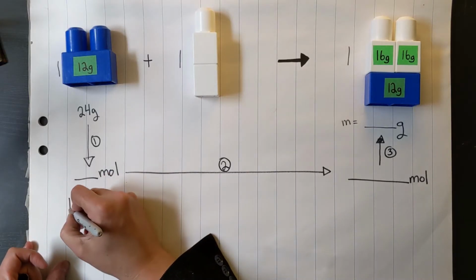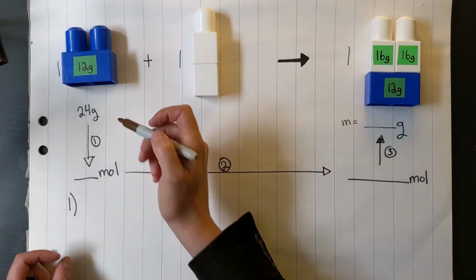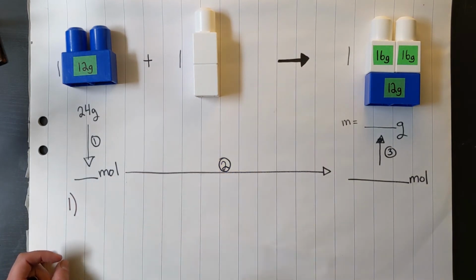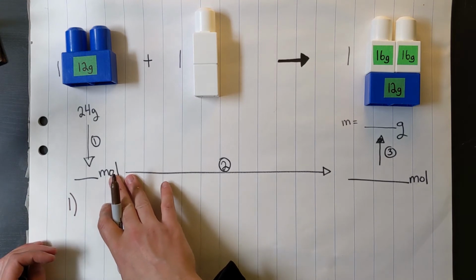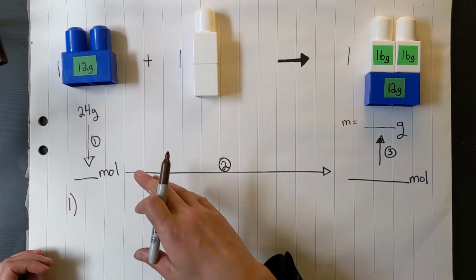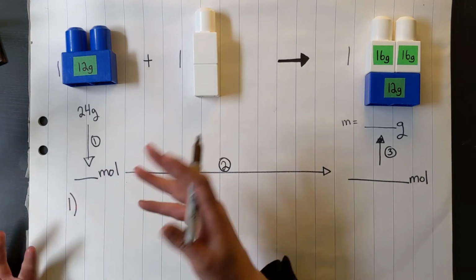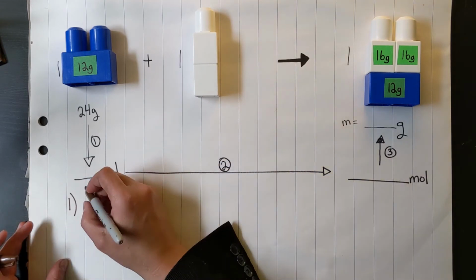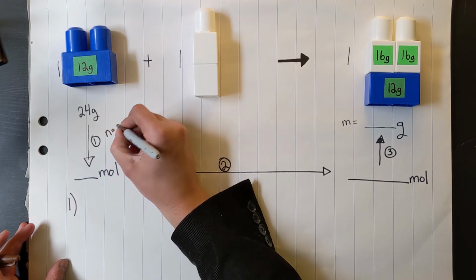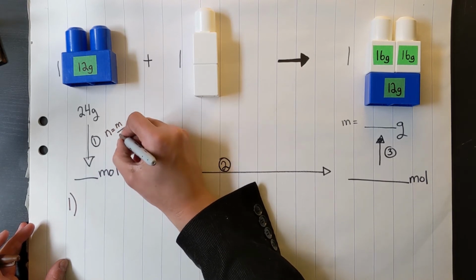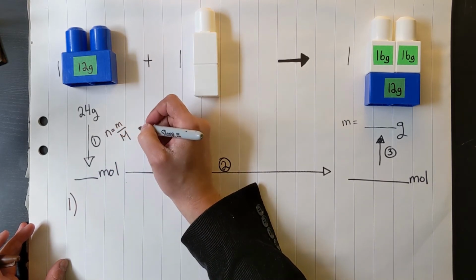Step number 1. If I want to go from grams to moles, I can either do that step using unit canceling, unit analysis, or I can do it with my molar mass formula. And I'll do it with the molar mass formula. So I know that my number of moles is equal to my mass divided by my molar mass.